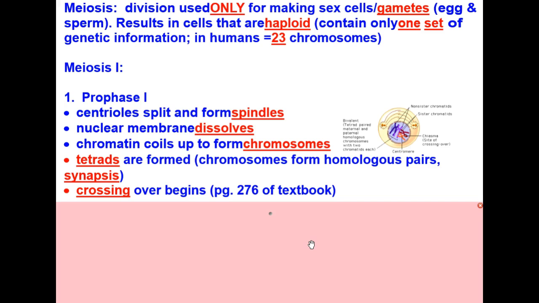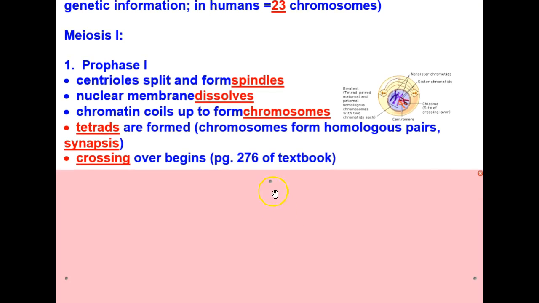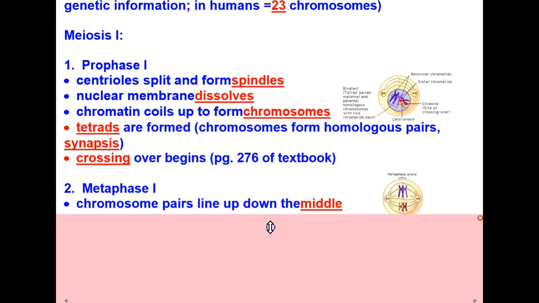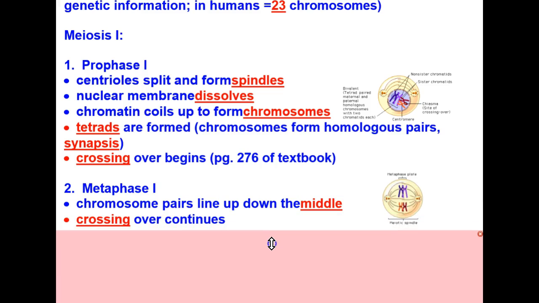All right, next we have metaphase 1. In metaphase 1, chromosome pairs line up down the middle. That should sound familiar. And crossing over continues. They continue to exchange that genetic material between the homologous pairs of chromosomes called tetrads.